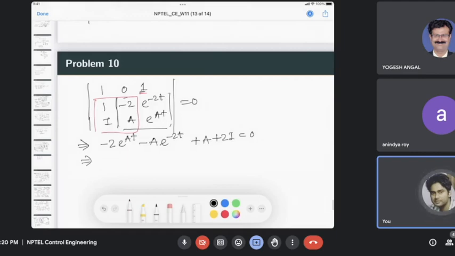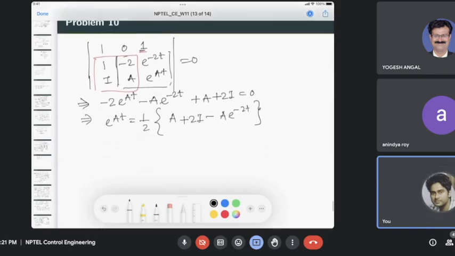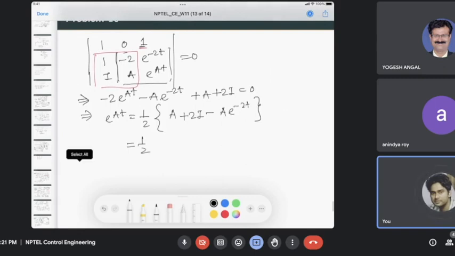So this implies that e to the power At equals half of A plus 2I minus A e to the power minus 2t.